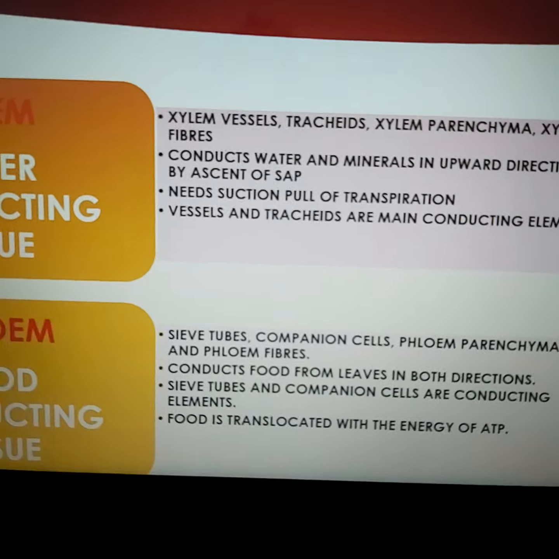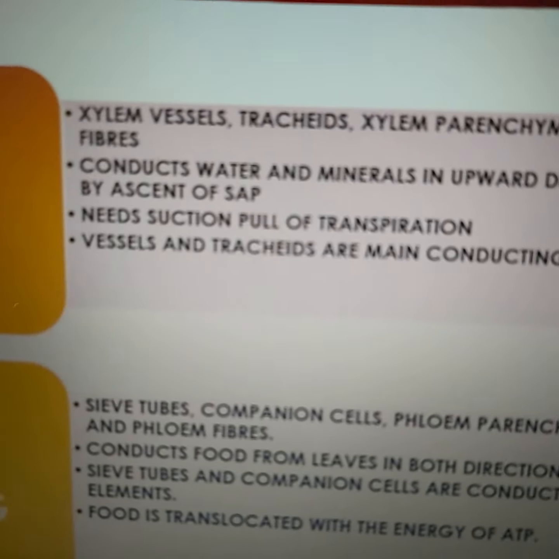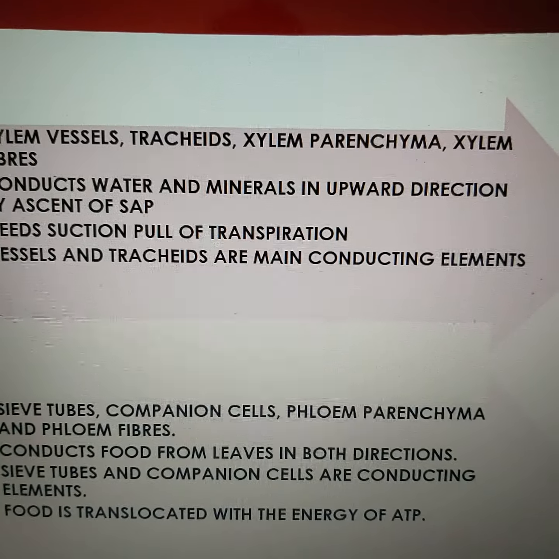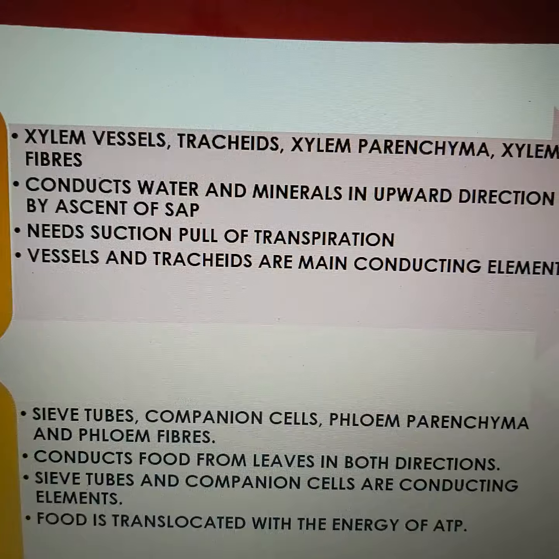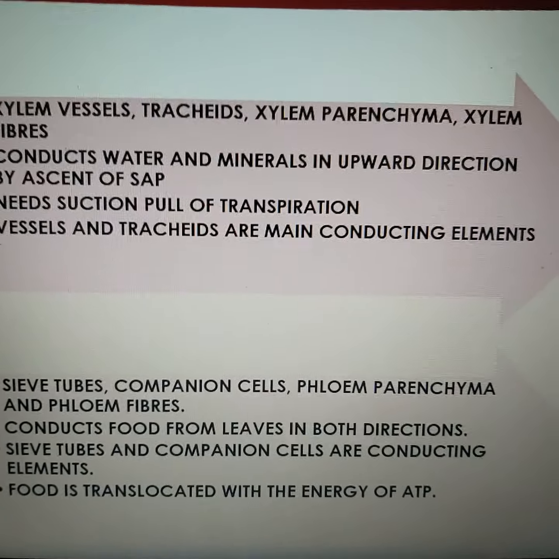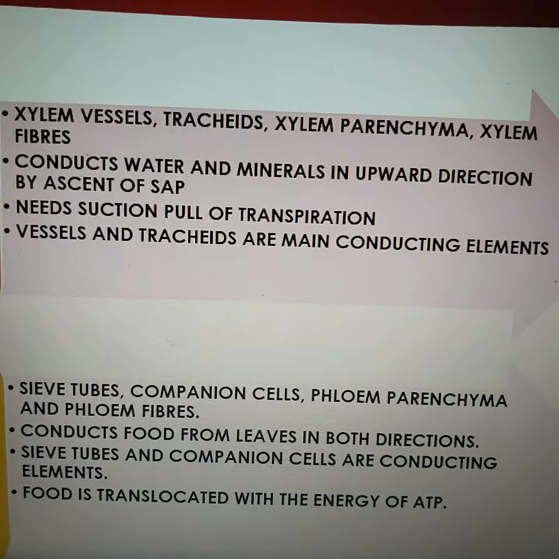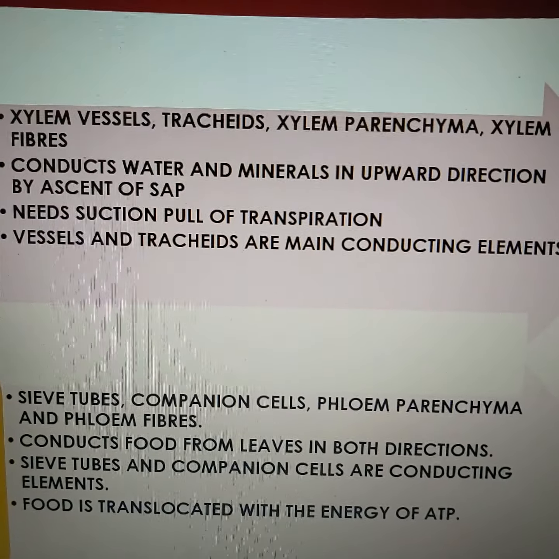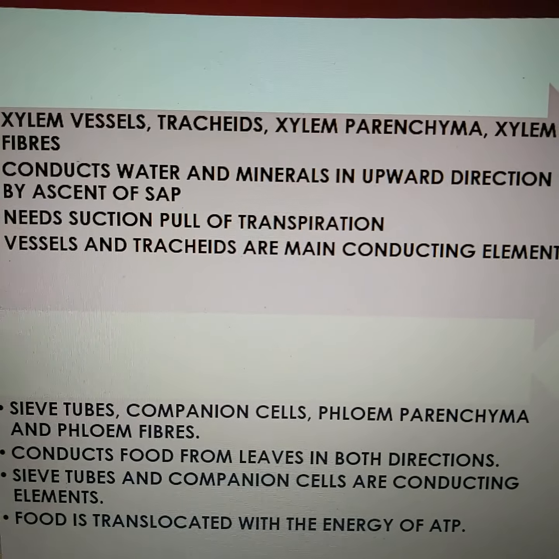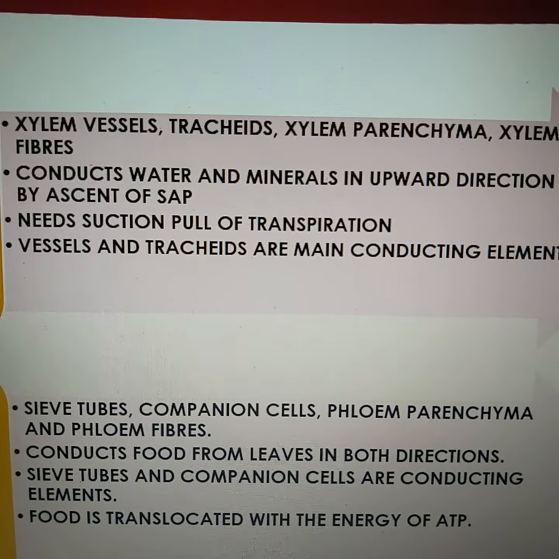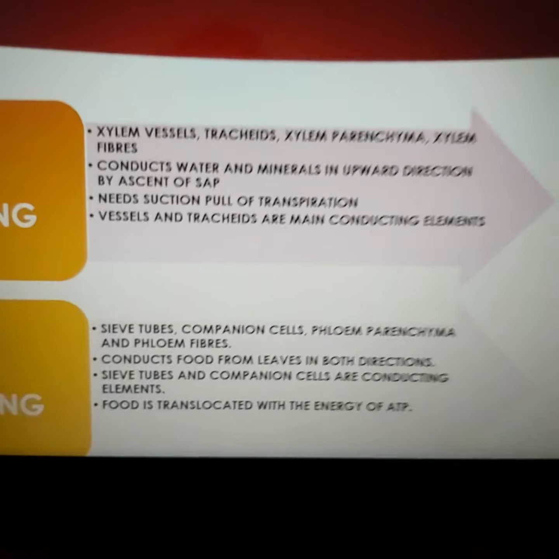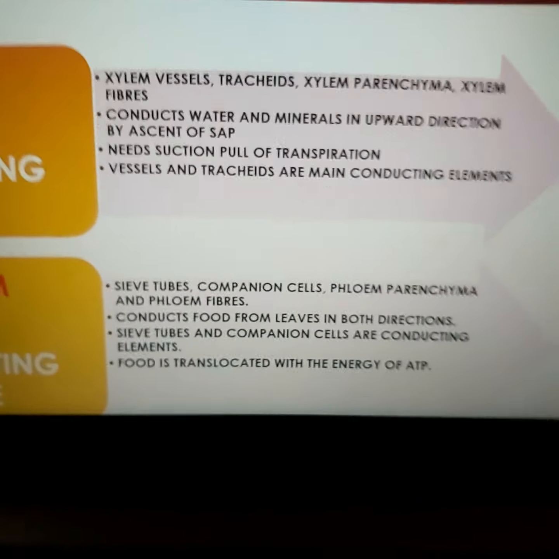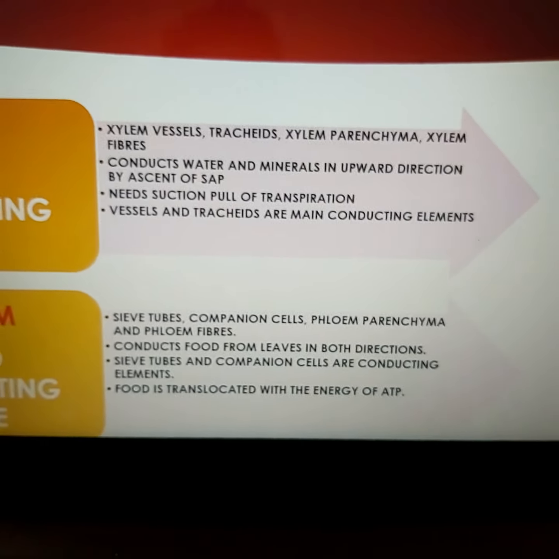The phloem comprises four elements: sieve tubes, companion cells, phloem parenchyma and phloem fibers. It conducts food from leaves in both directions. The main conducting elements are sieve tubes and companion cells, and the food is translocated with the energy of ATP. So this much we have learned.